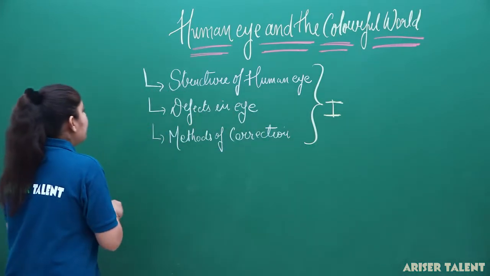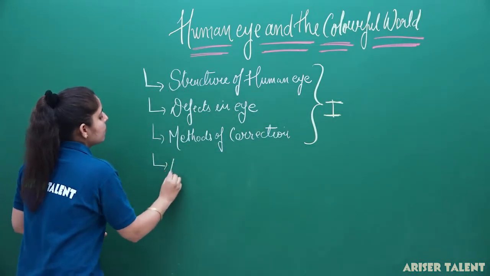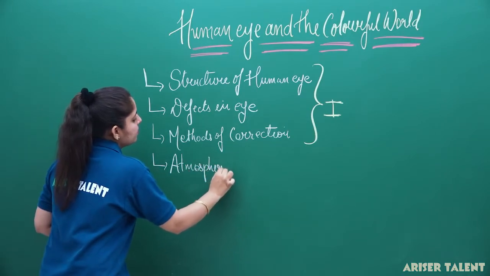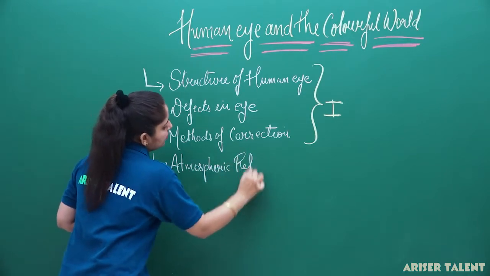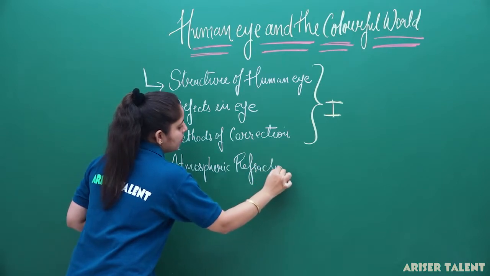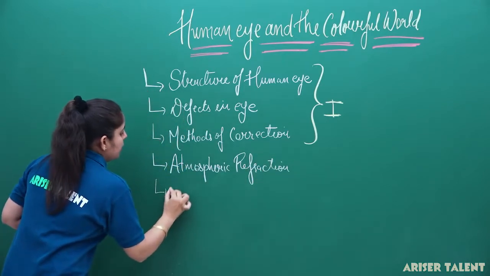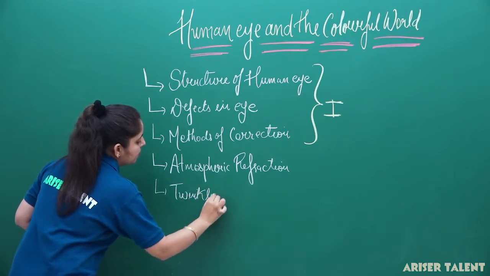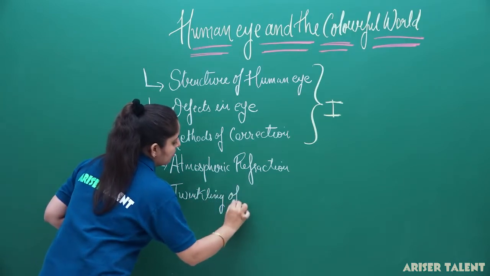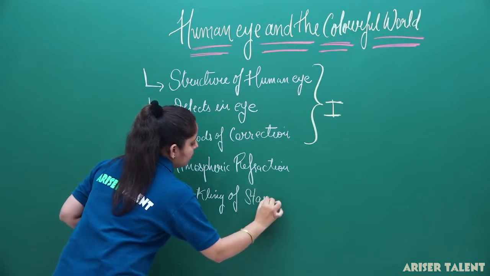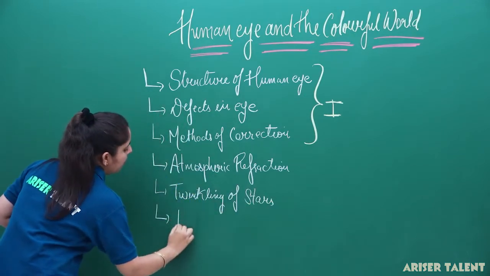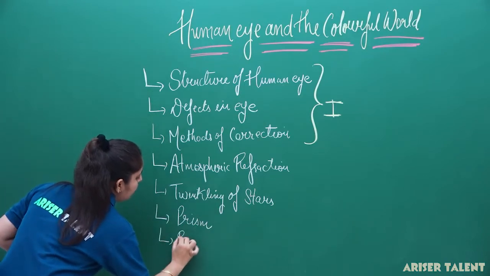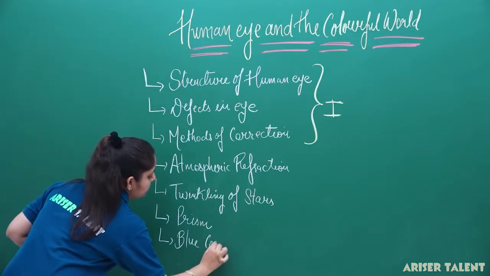So we are left with atmospheric refraction, twinkling of stars, prism, and the blue color of the sky.